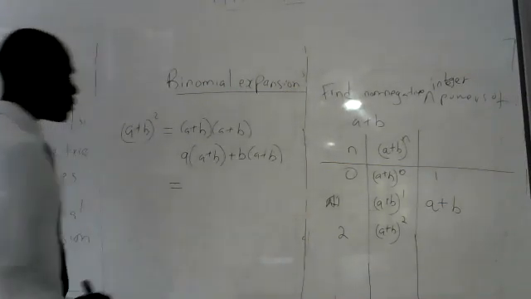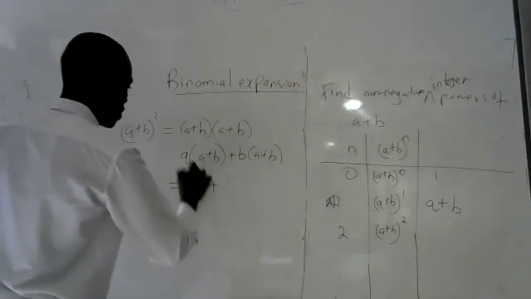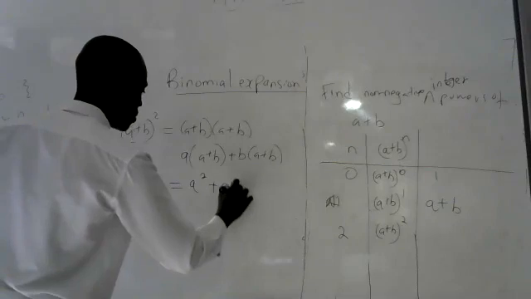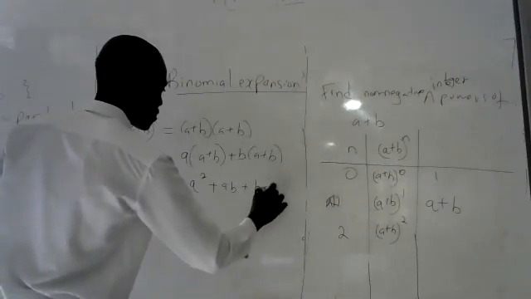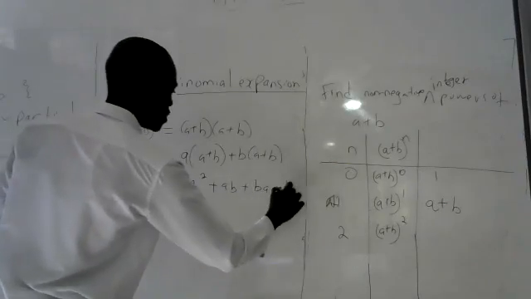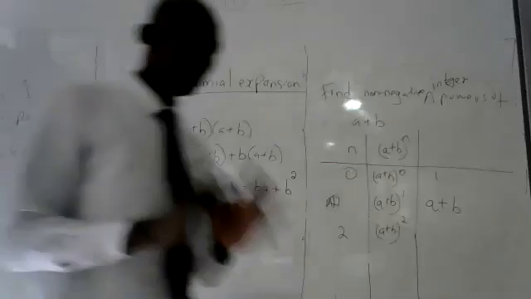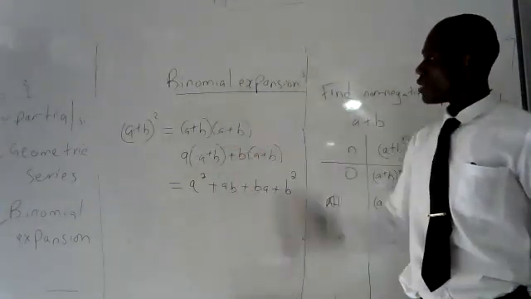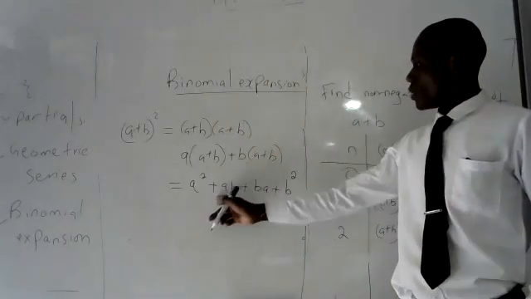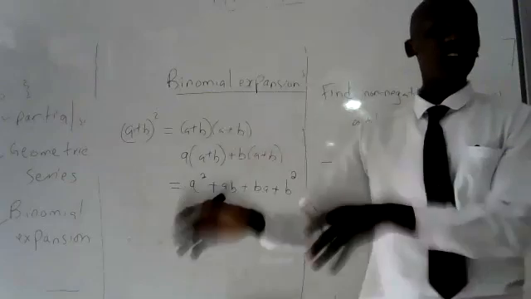a times a, I'm now opening brackets, is a squared. a times b is ab. b times a is ba. b times b is b squared. We all know that multiplication of real numbers is commutative, and I've defined a and b to be real numbers, so ab is the same as ba, just like 4 times 5 is the same as 5 times 4.